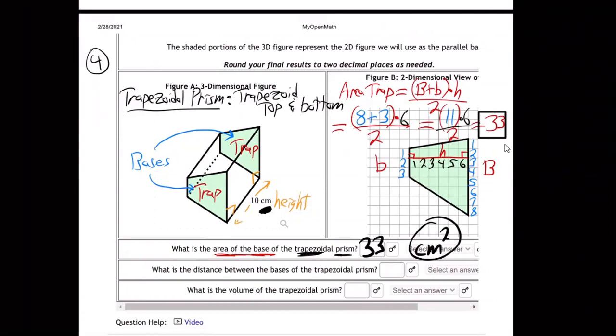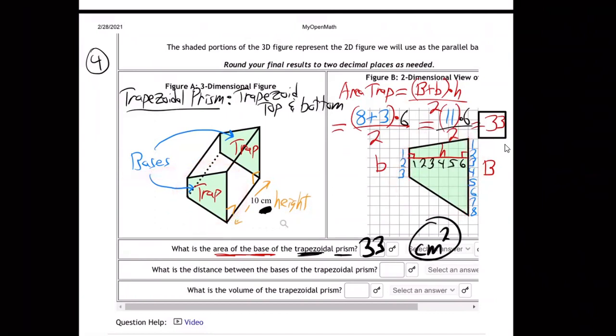So there's the area of the trapezoid, which is the base. And then what's the distance between the bases? Now, what's a little tricky here is we start using the word base in lots of different ways. There's actually three what we call bases in this problem. Are you seeing them all? It can be kind of confusing. We have the big base and the little base of the trapezoid, and then the whole trapezoid is called a base.